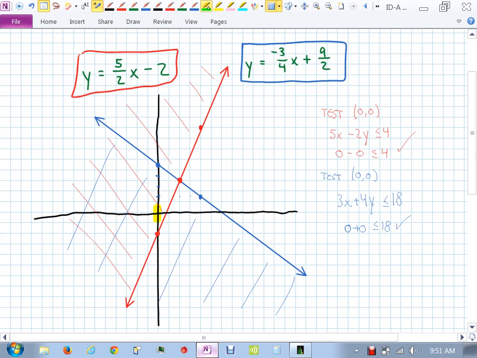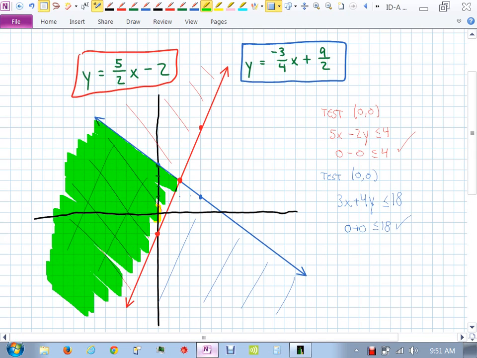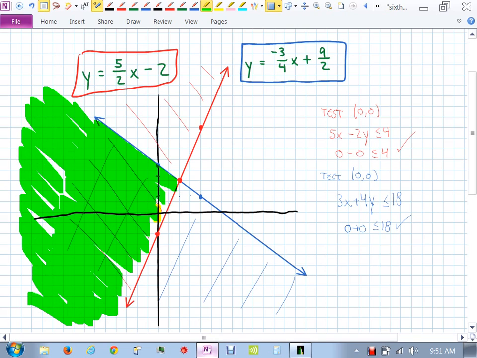So what I would like for you to see on the test is for you to come in here and shade this like that. And of course, it goes forever, right? Like that. But that's good enough. And now just find that intersection point. So how do you find the intersection point?